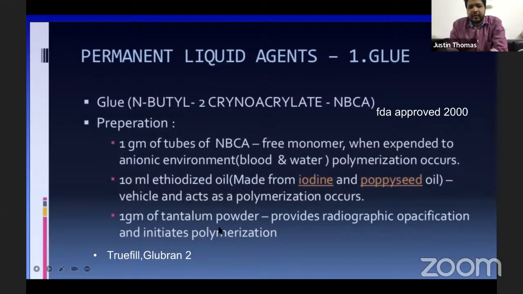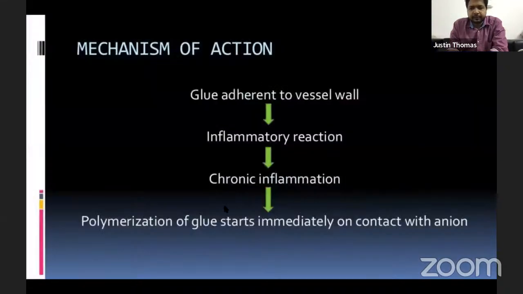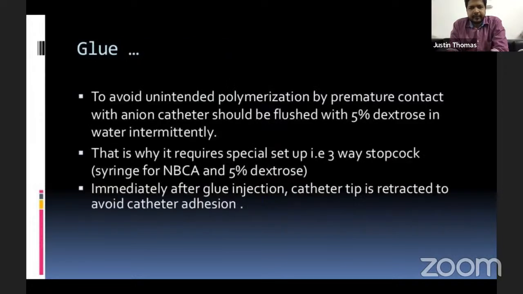And tantalum powder can also be added along with the Ethiodol to increase the opacification for better visualization. So when this NBCA is injected, it adheres to the vessel wall and causes quick inflammatory reactions, and this is followed by chronic inflammation. And this is the quickest embolization agent.